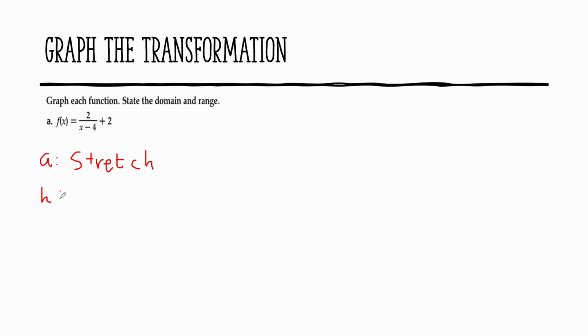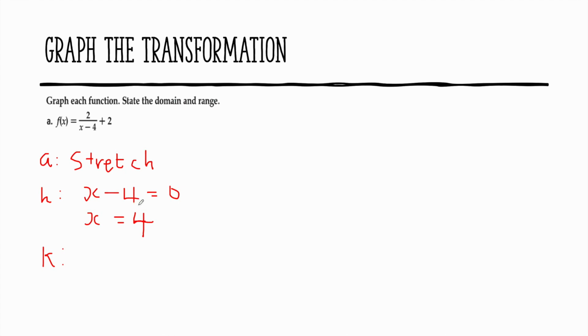H will have x minus 4 equal to 0. So x will be equal to 4. So this is our h, which will give us what? The vertical asymptote.